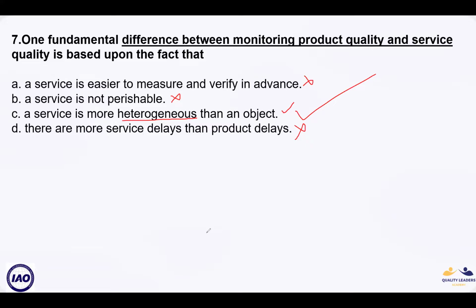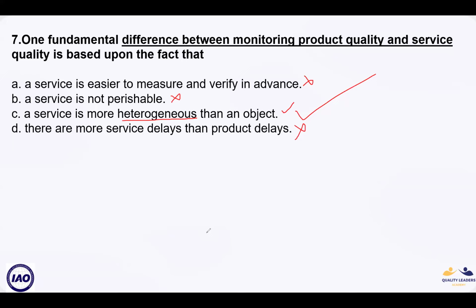Remember, to summarize, services are heterogeneous because they involve human interactions, both the provider as well as the recipient. So there are different patients, different doctors, different nurses, and also different contexts every single time.